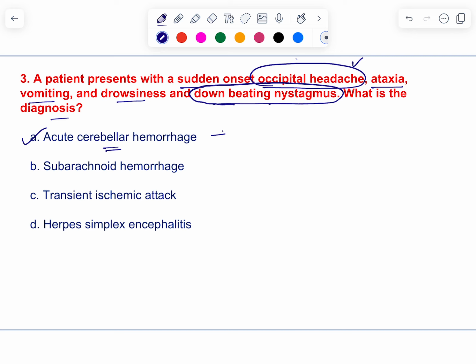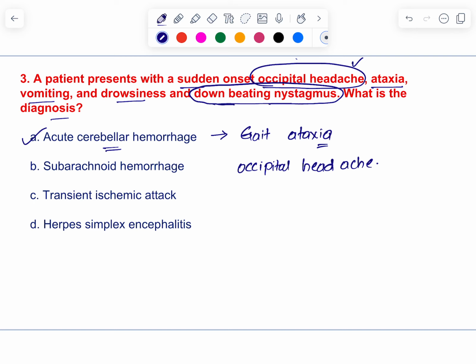So in case of cerebellar hemorrhage, what all will be the features? First and foremost, it is the one which is required for maintenance of the balance. So there is gait ataxia, and followed by that there is occipital headache, right? There is occipital headache.